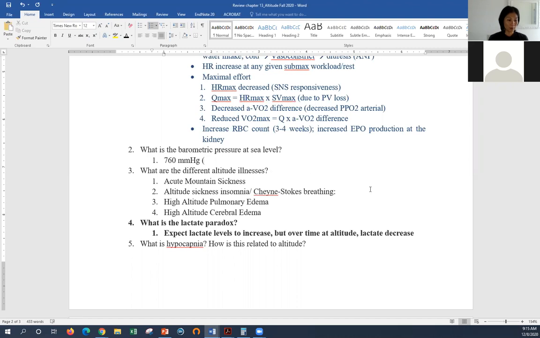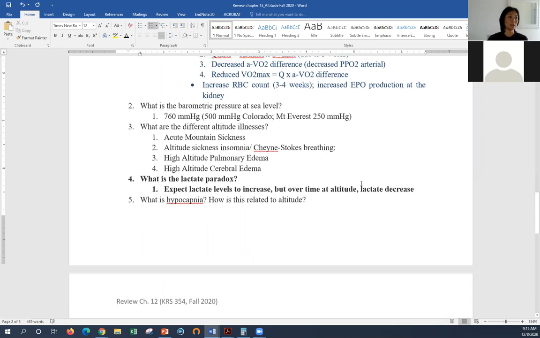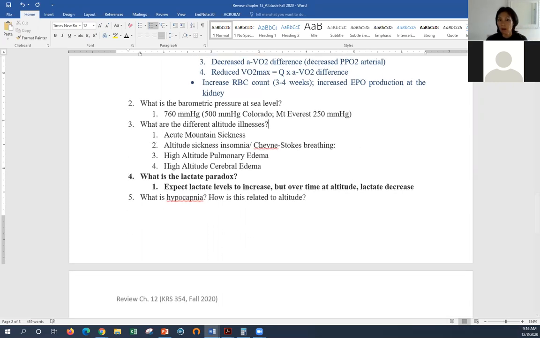So for example, Pikes Peak in Colorado is about 500 millimeters of mercury. If you're on top of Mount Everest, it drops to 250 millimeters of mercury. So based upon the barometric pressure, you're going to be able to determine the approximate altitude of whatever that mountain is or whatever that altitude is.